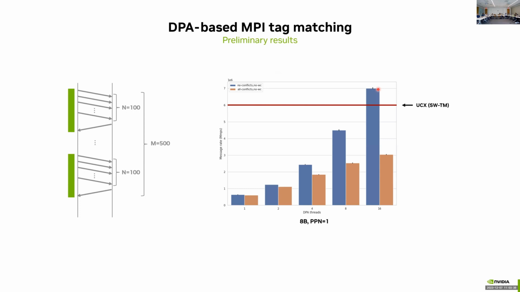Another question is, because this looks like around 7 million message rate, I was wondering how many processes are communicating, or how does this DPA tag matching scale when we have multi-threaded MPI communications? Good point.